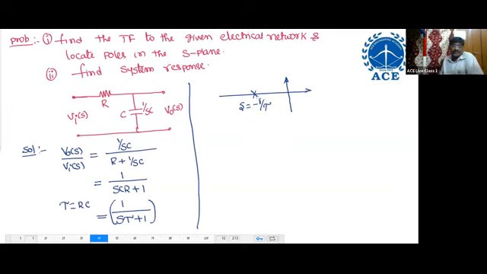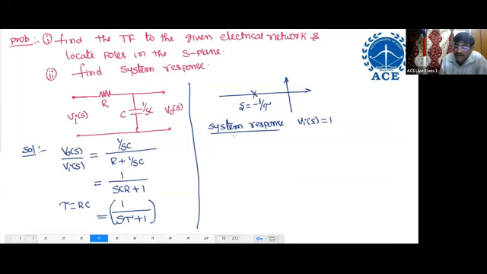Now find the system response. System response means impulse response. That means VA of S equals 1.